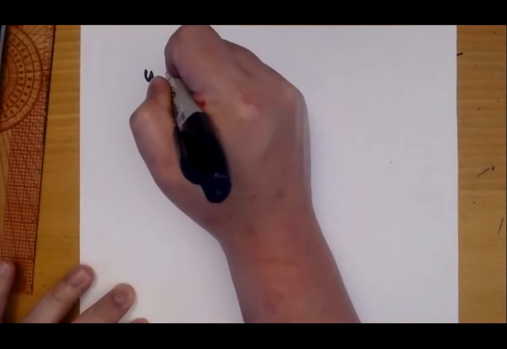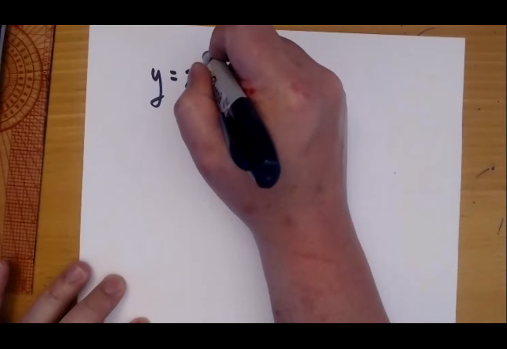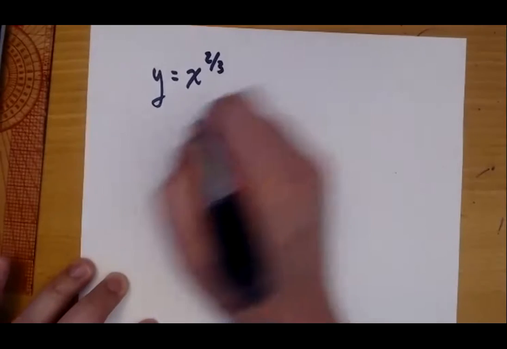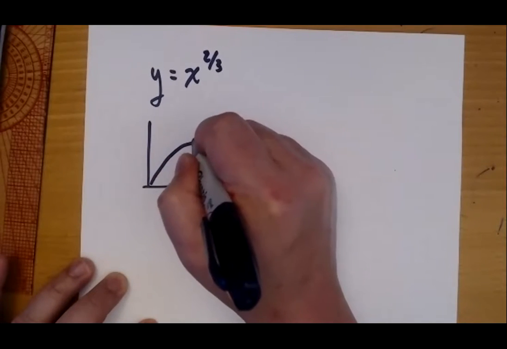All right. So that one was wrong marker. Oops. That one was y equals x to the 2/3, and it looked a little bit like that.